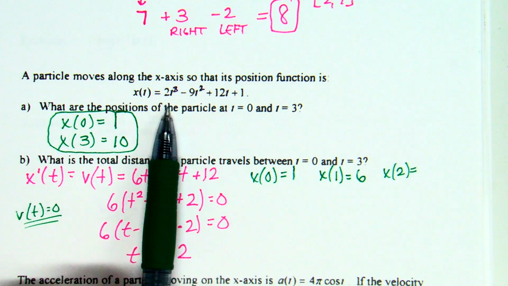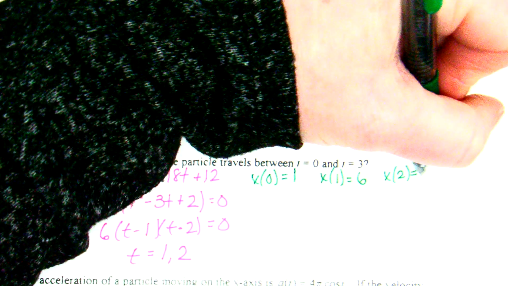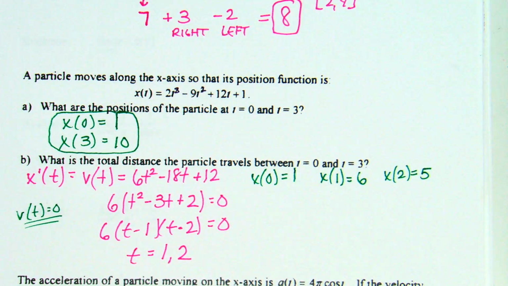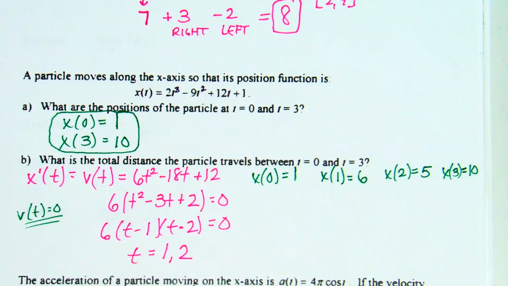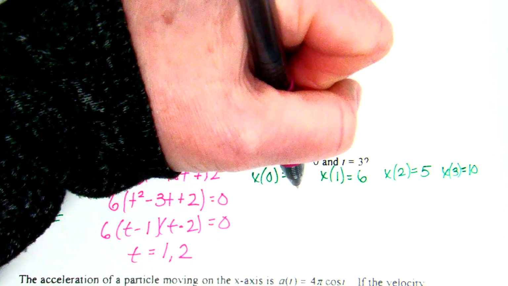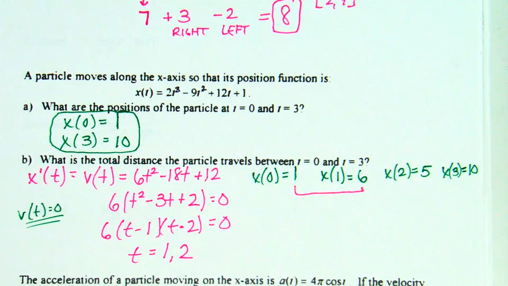Okay. 5? Yeah. It should turn out to be 5. That's what I've written down. And then we already know that x of 3 is 10, correct? So I wrote that out just for the visual. So it has a distance of 11.